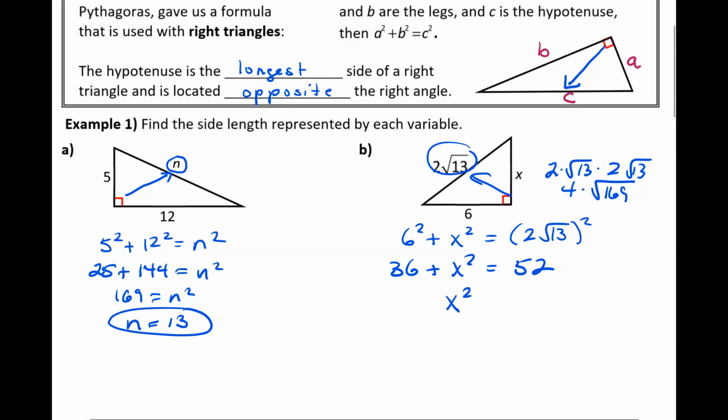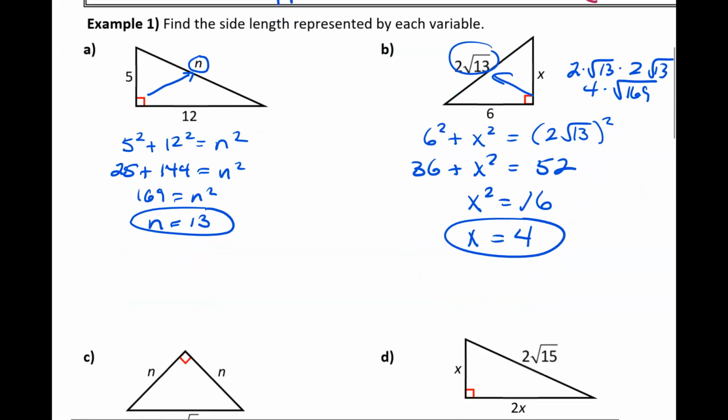And subtracting 36 from both sides of the equation, we get 16. And so x must be equal to the square root of 16, or 4.